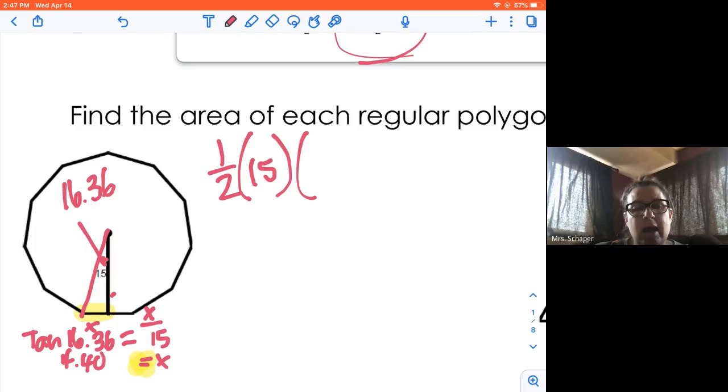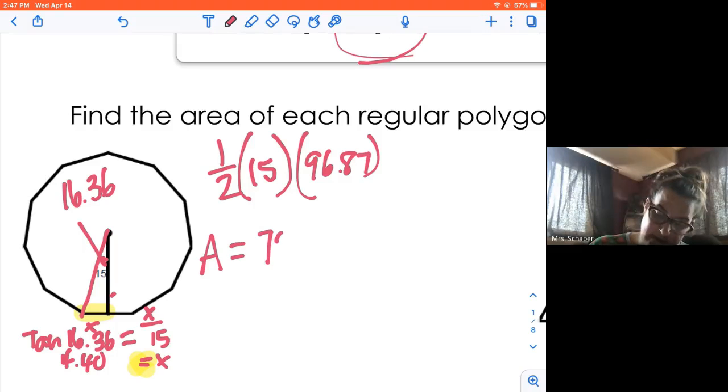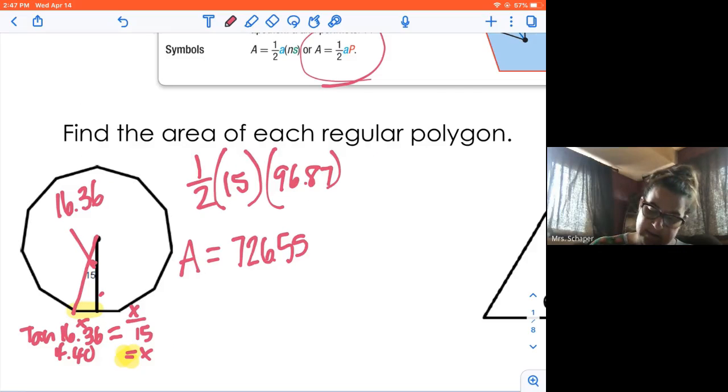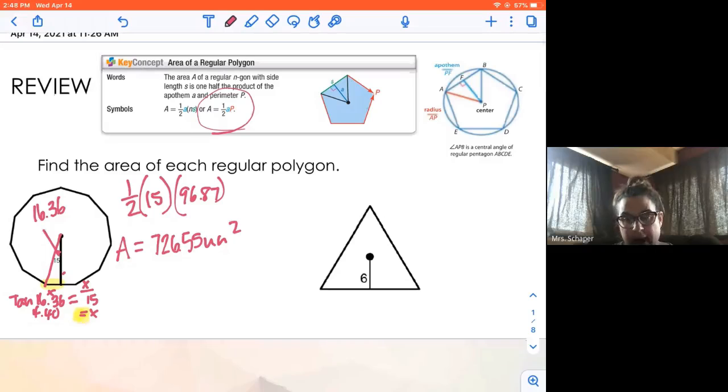Then I'm going to multiply that times 22 because that's going to give me my perimeter, which is 96.87. Now I'm going to take that times 15 times 0.5. So the area is 726.55 units squared.